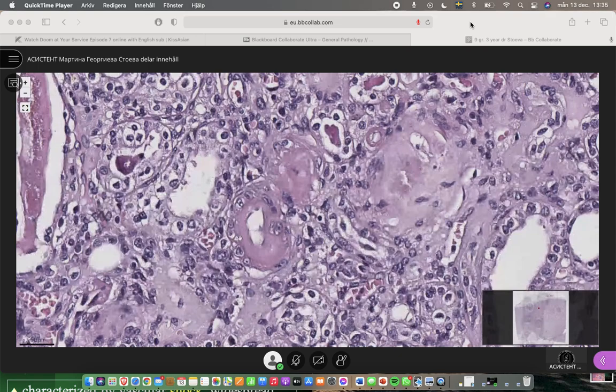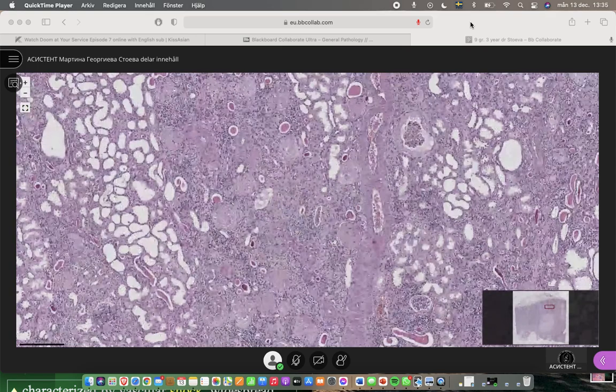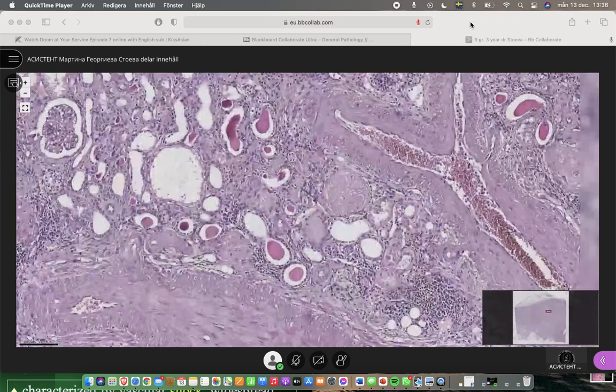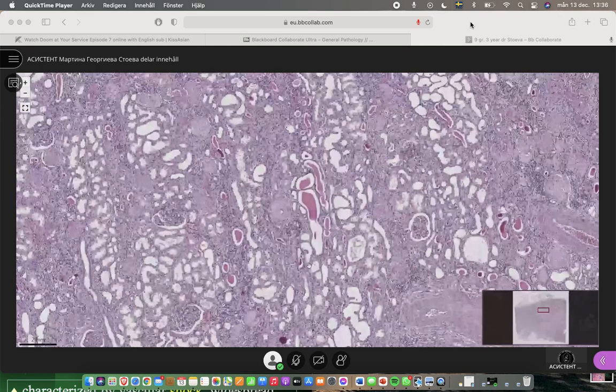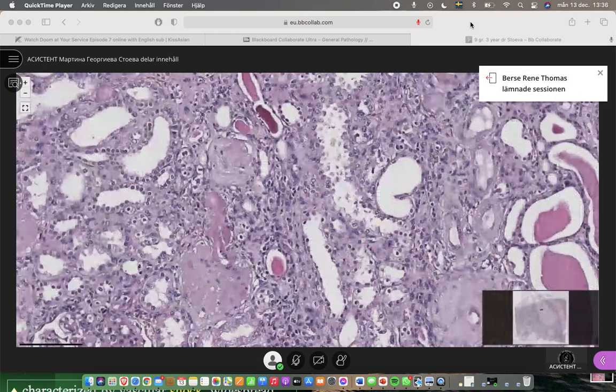Another arteriole with hyalinization. Here too, next to a hyalinized glomerulus.